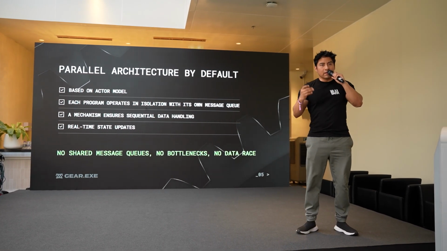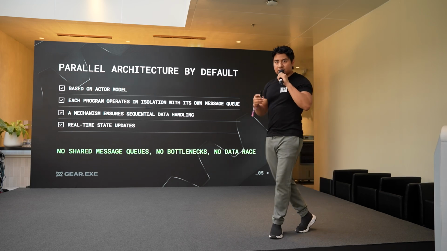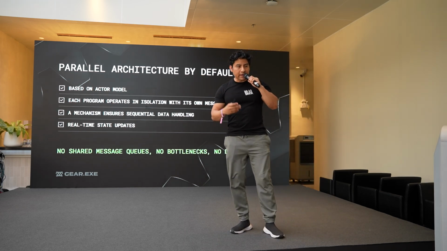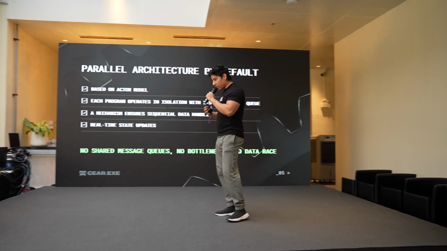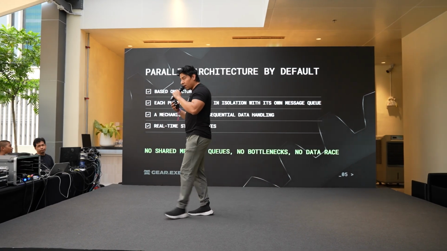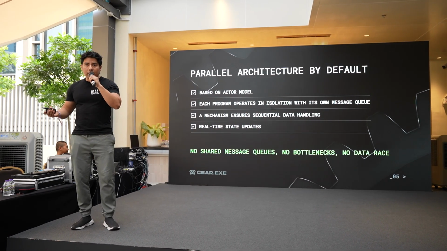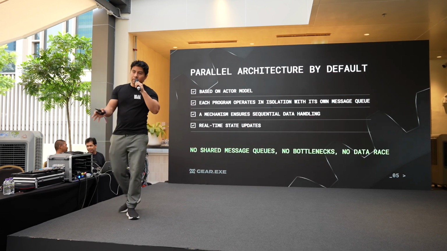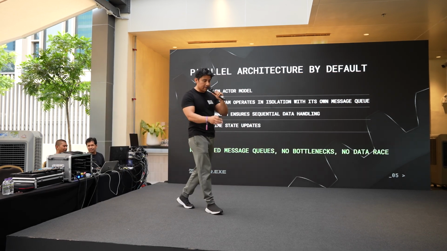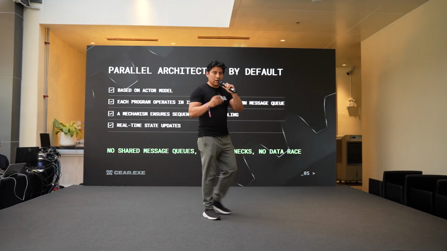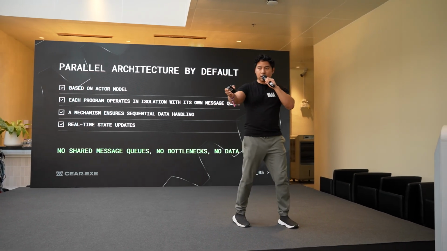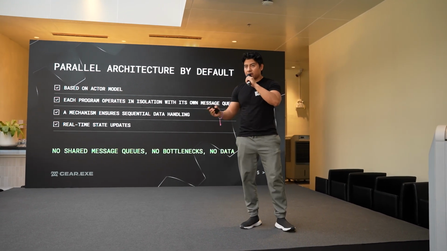Well, the actor model is an interesting paradigm that is already implemented in Web 2, and it helps us create really scalable applications. Why? Because everything in the system is an actor. A wallet is an actor, a user is an actor, a bridge is an actor.